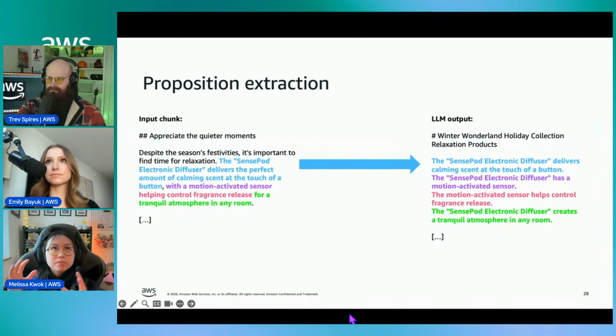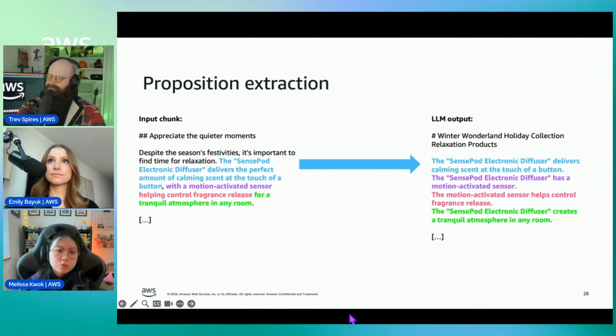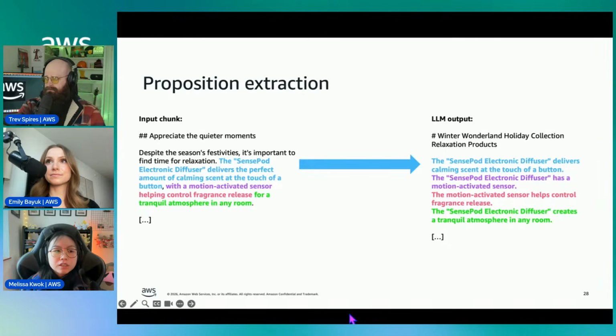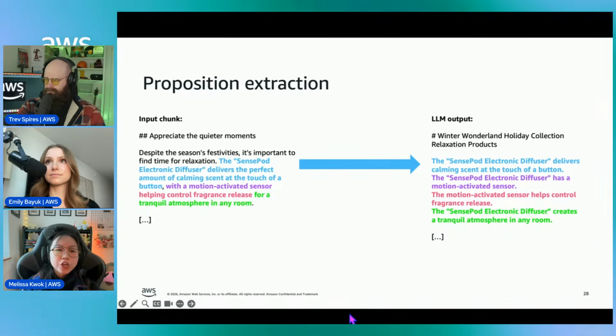The first step of the extraction process, as we saw on the previous page, is chunking. We're going to take your source documents and chunk them up however you define. After we've got our chunks, we do two LLM calls per chunk to get more granularity on the information contained within each chunk.